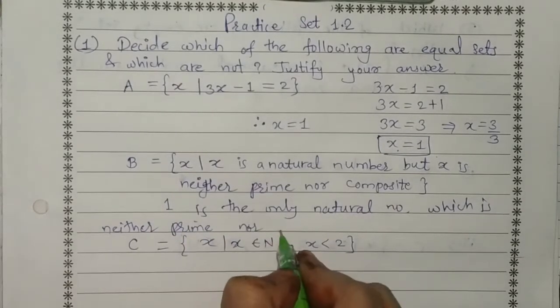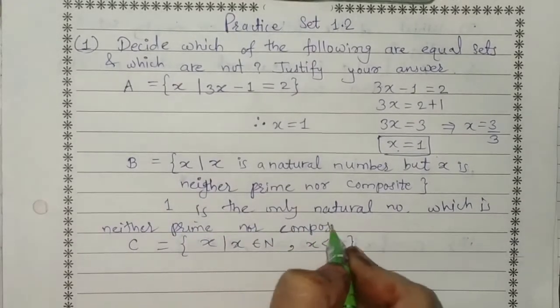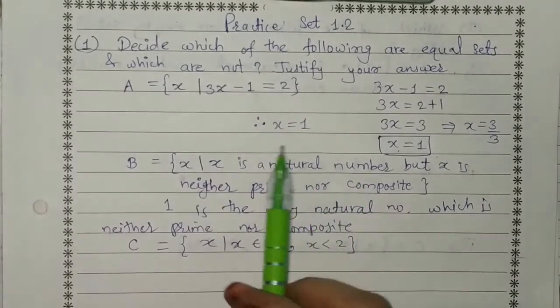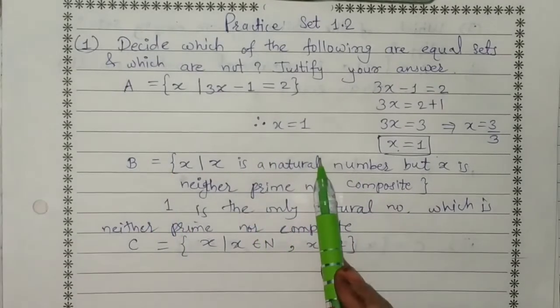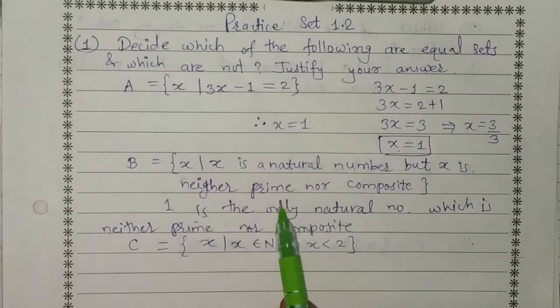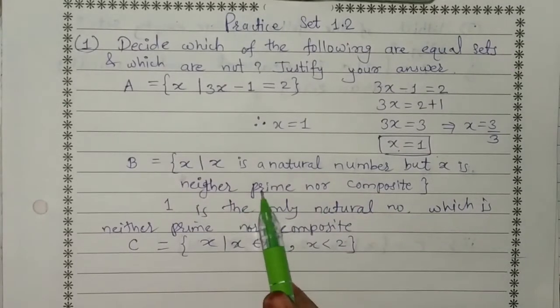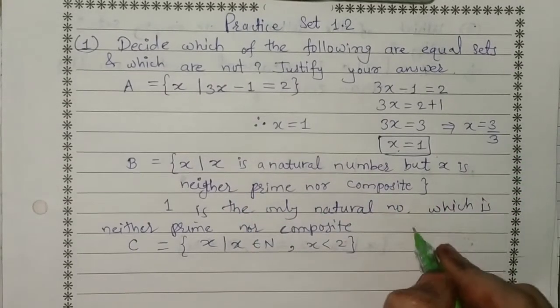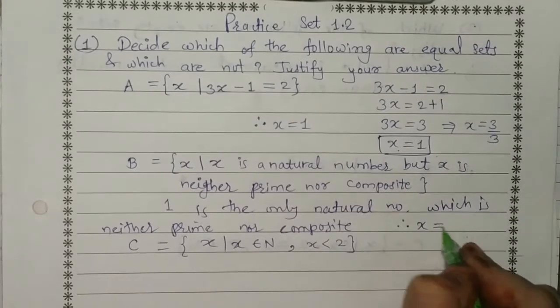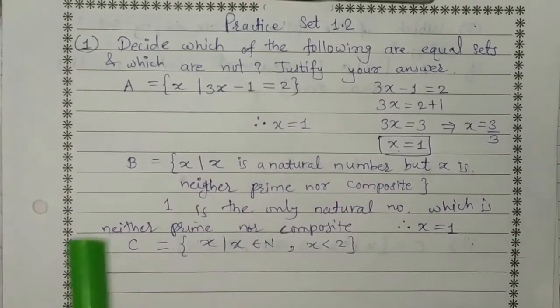Dear students, here we got a unique condition which satisfies the elements of B: a natural number, but neither prime nor composite. So we have only 1 as such an element. So again here we get x is equal to 1. So set B also contains 1 as an element.